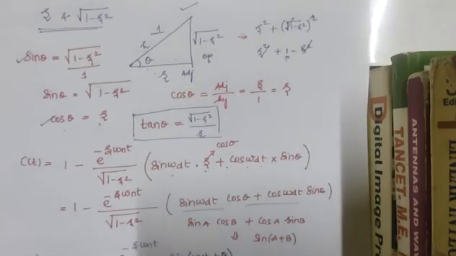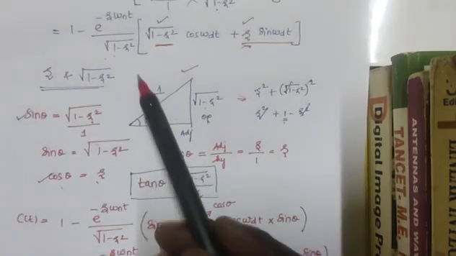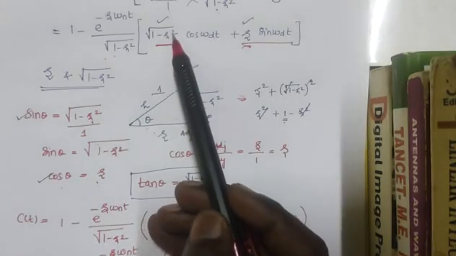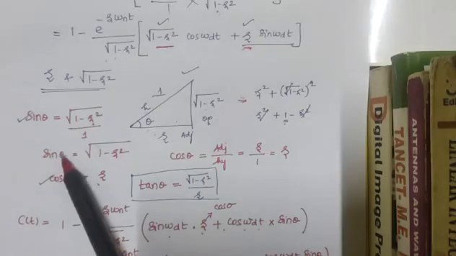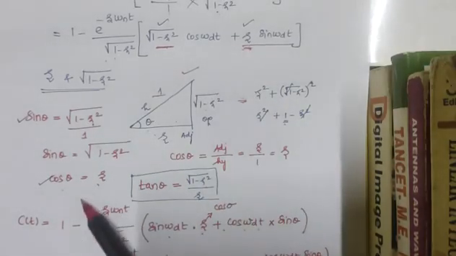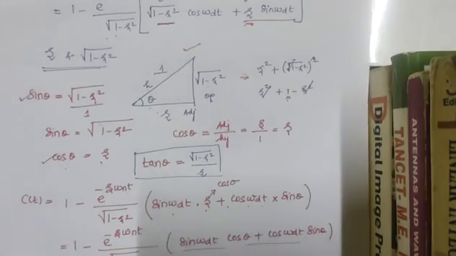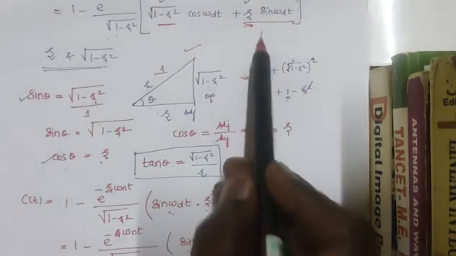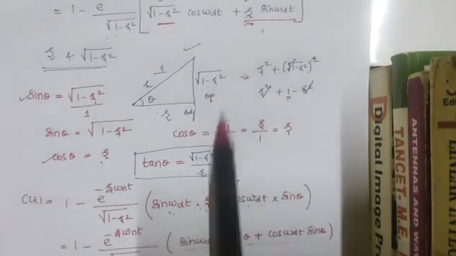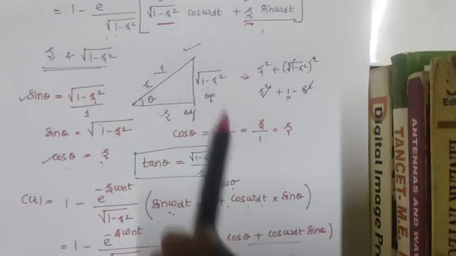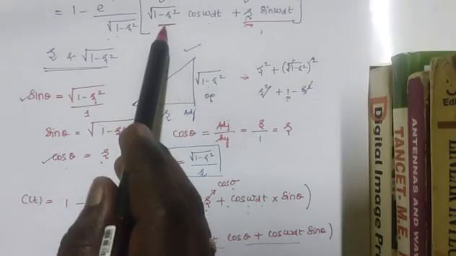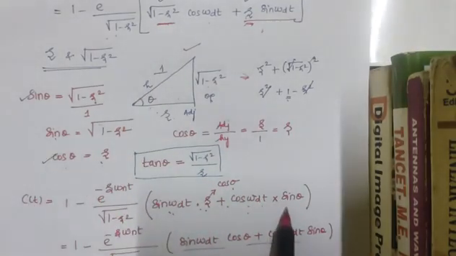Now you apply this concept here. Instead of square root of 1 minus psi square, I am going to write sine theta. Instead of psi, I am going to write cos theta. Now my term is, you see this equation, 1 minus e power minus psi omega n t divided by square root of 1 minus psi square into sin omega d t. How does this sin omega d t come? This term I have taken sin omega d t into this side. Psi can be replaced by cos theta. Then cos omega d t, and square root of 1 minus psi square can be replaced by sin theta.